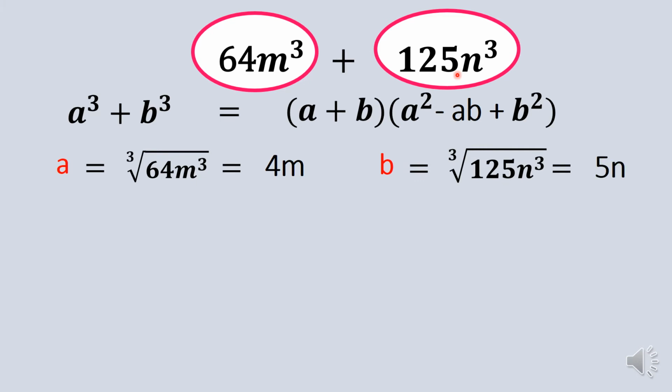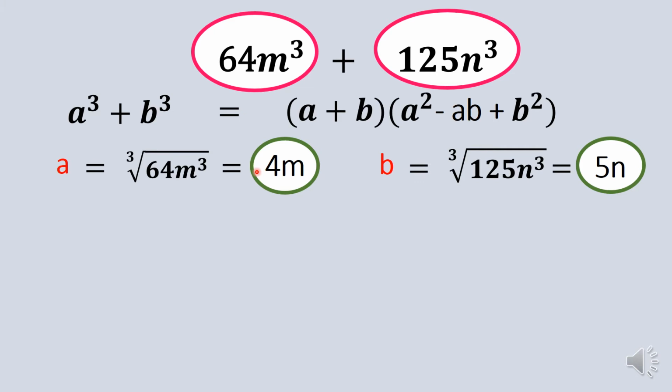Diba? 5 times 5 is 25 times 5, that is equal to 125. And then, copy n. Kasi cube root ng n cube is simply n. So, yung 4m, yan na yung magiging a natin. And then yung 5n, yan naman po yung magiging b natin.